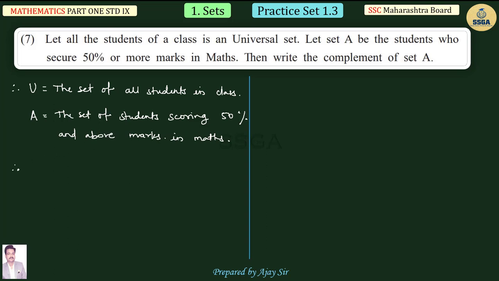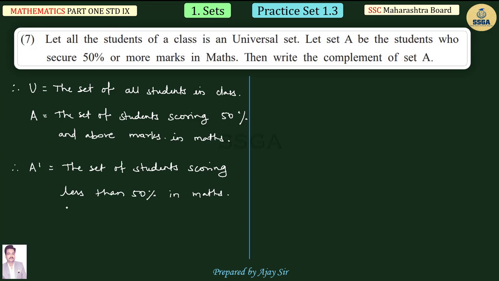Now we want A complement, which is the set of students scoring less than 50% in maths for a given class.